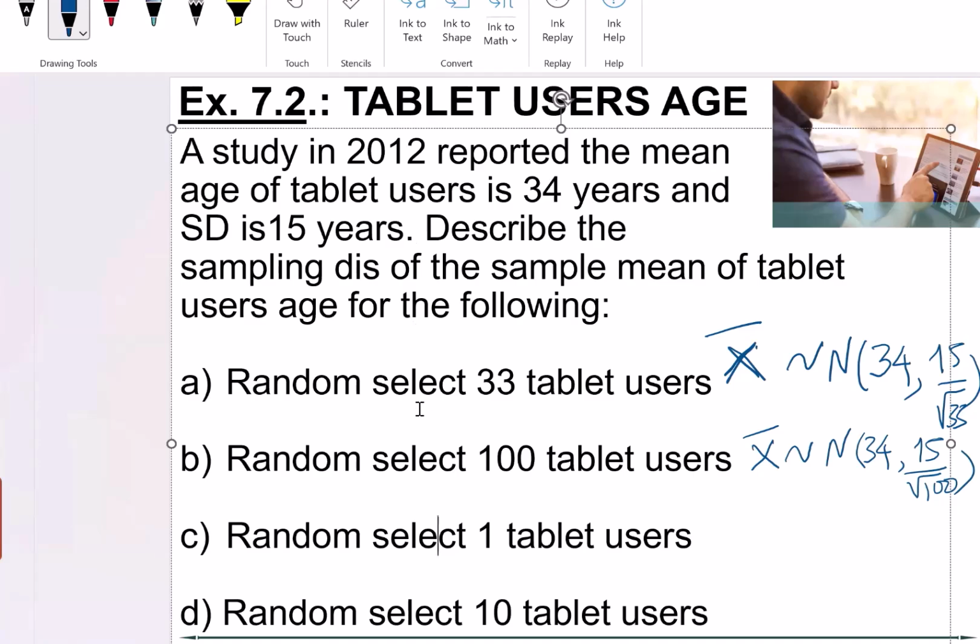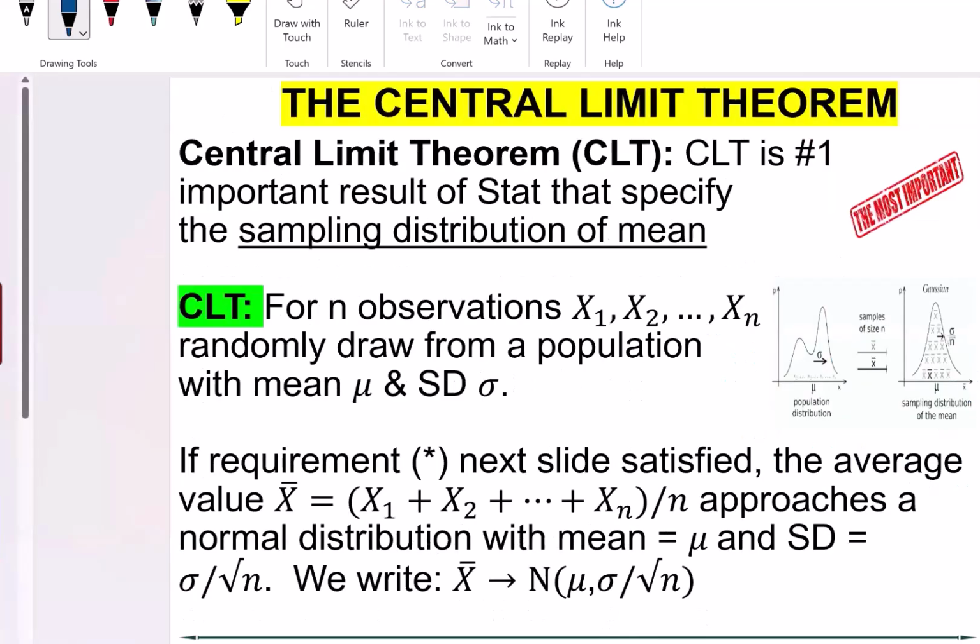Okay, so how about part D? Randomly select 10 tablet users. Again, we go back and see if we can apply the central limit theorem and say anything about the distribution of the mean age of 10 people. Here n equal to 10 observations, x1 to xn, randomly drawn from a population with mean mu, in this case 34, and standard deviation 15.